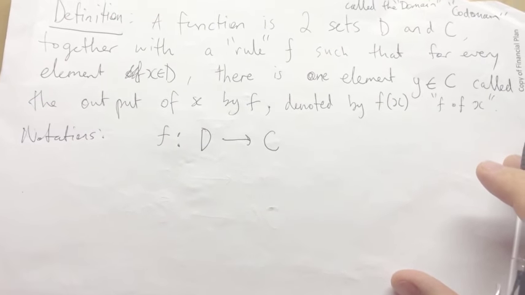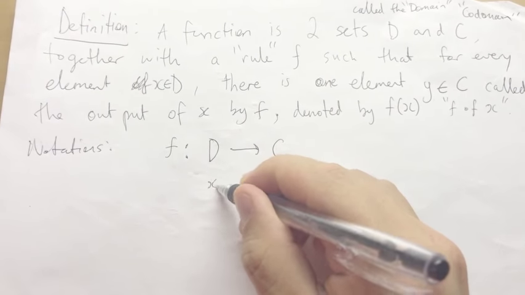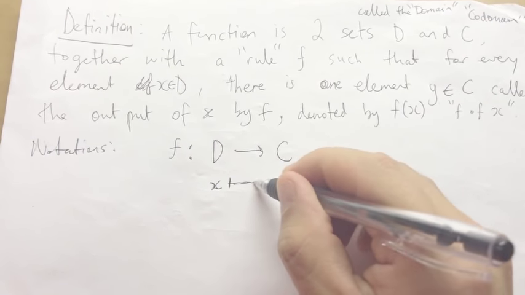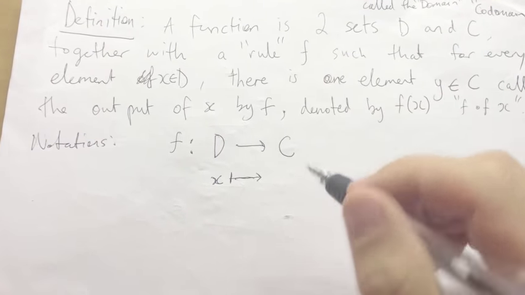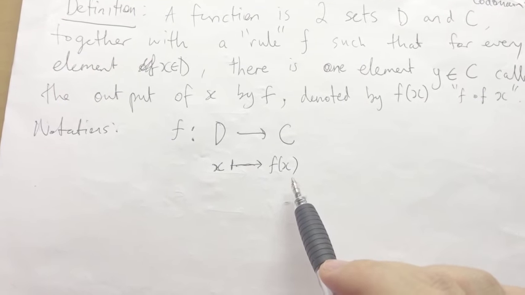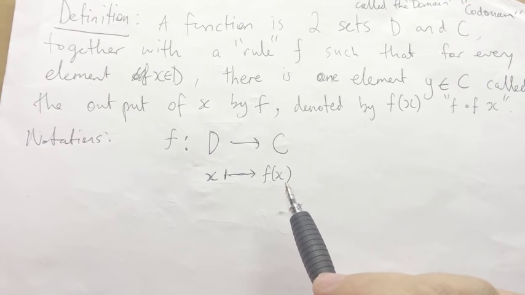And if you want to actually specify what the rule does to certain elements, you write the element, say x, and then you draw an arrow with a line here, and you say where the element is taken by the rule.